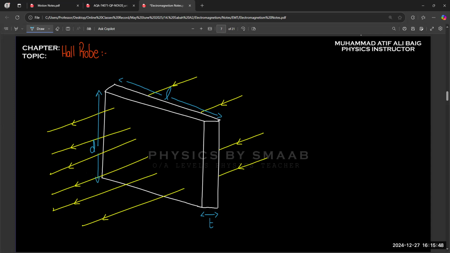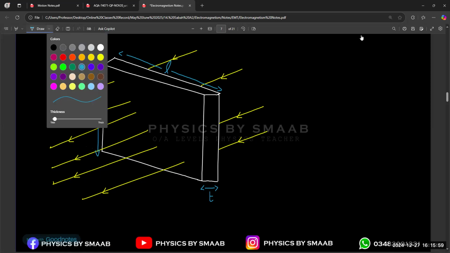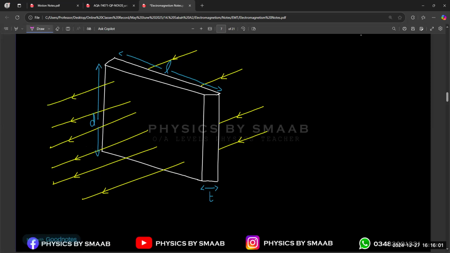So these are three different dimensions that we are going to use for the Hall probe. And the third thing, the current. Let's suppose current is moving, for example, like this.